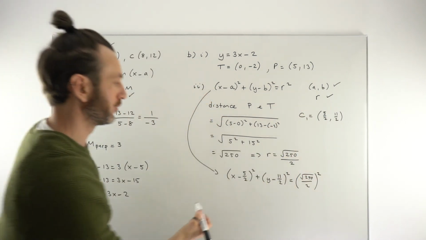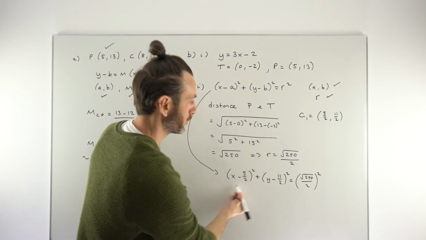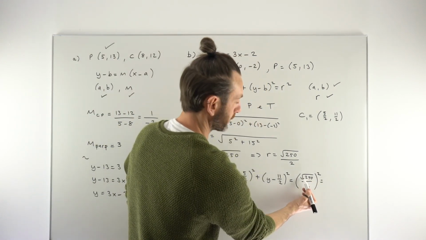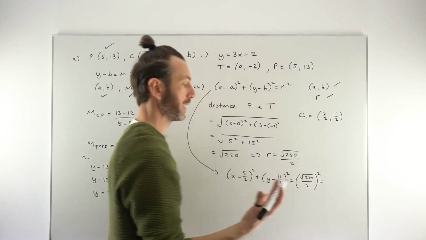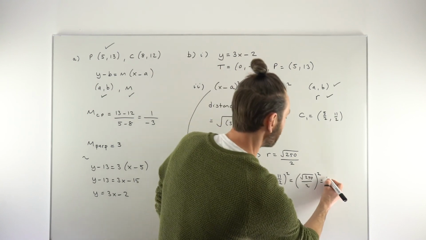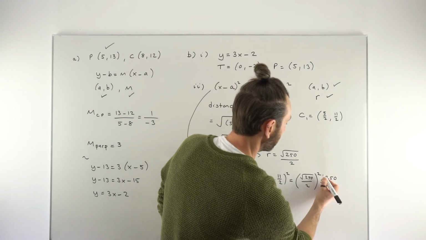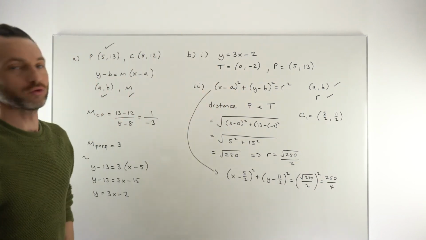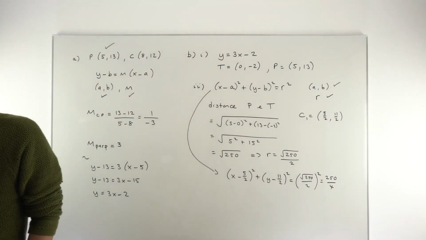Not a huge amount you can do really on the left hand side, but we would just keep that the same. On the right hand side we can tidy up, because the square root of 250 squared, square root and squared, remember, just cancel, so that would just be 250, and then 2 squared is 4, so it ends up being 250 divided by 4.